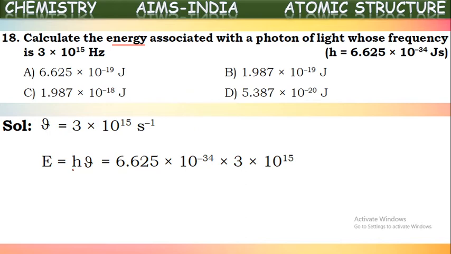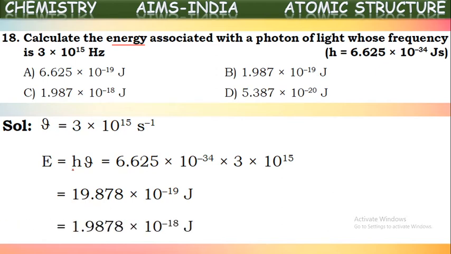Now substitute these values, we get 19.878 into 10 to the power of minus 19 joules. Or if you shift the decimals, it becomes 1.9878 into 10 to the power of minus 18 joules.